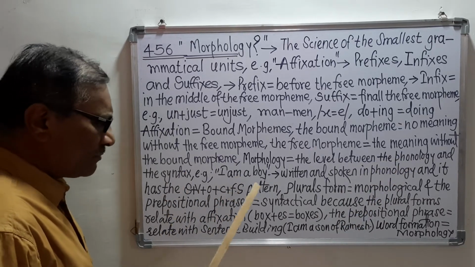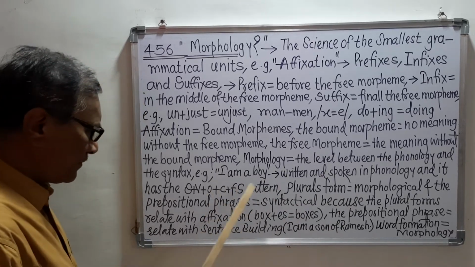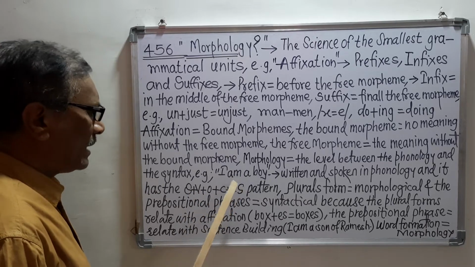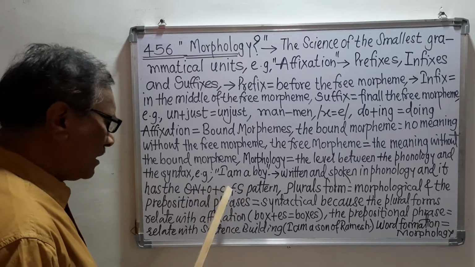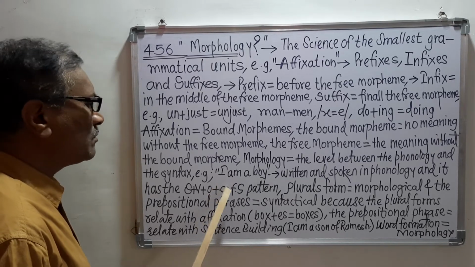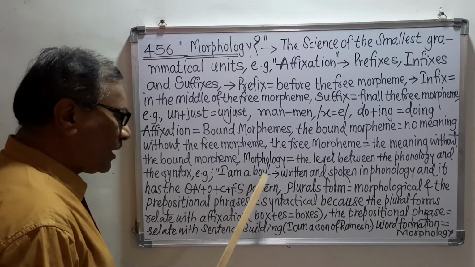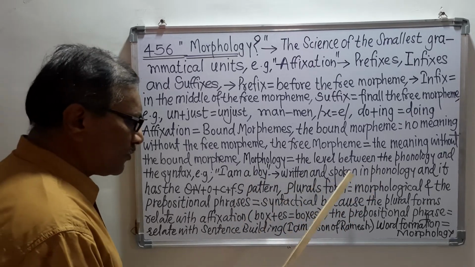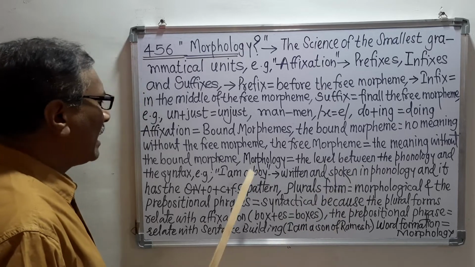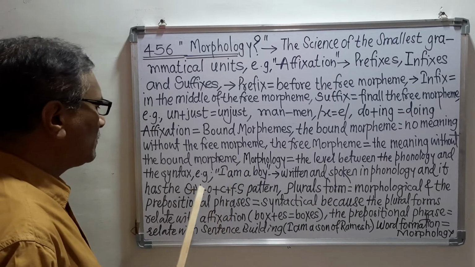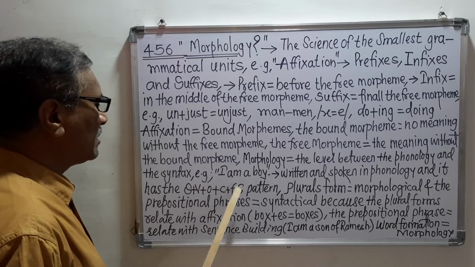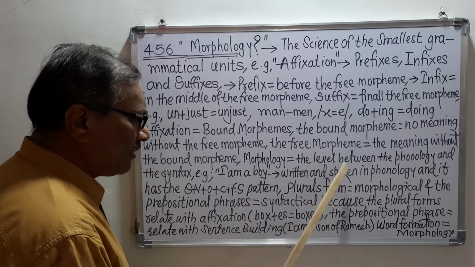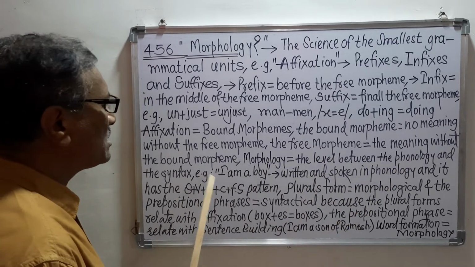So remember, the second point is that this sentence has the s+v+o pattern, and that's why it is the syntactical point, means it is sentence building. So I am a boy has the phonological status, it has the written and spoken form in the phonology, and the same sentence has the s+v+o grammatical pattern, and that's why it is very much true that morphology is the level between the phonology and the syntax.